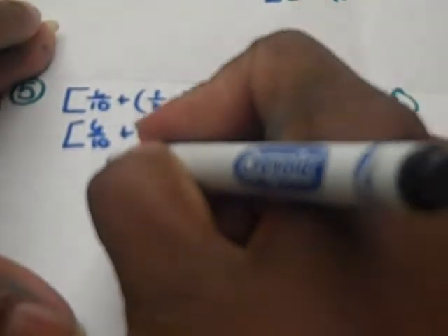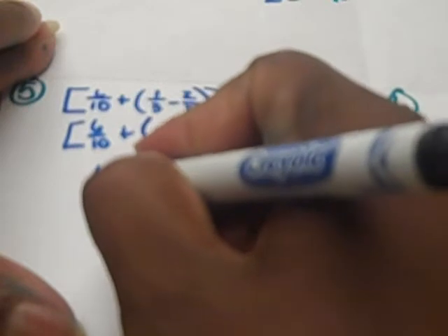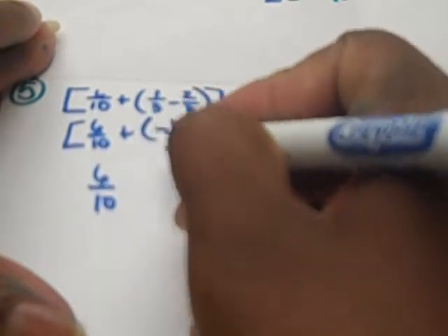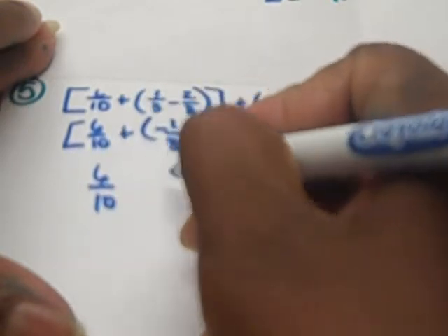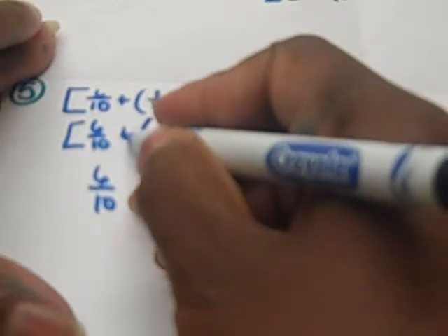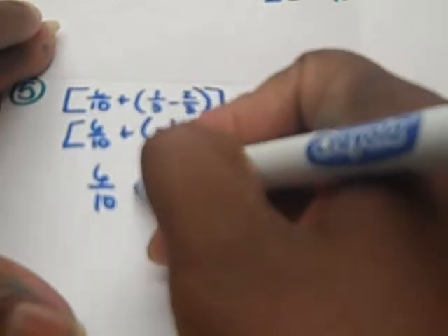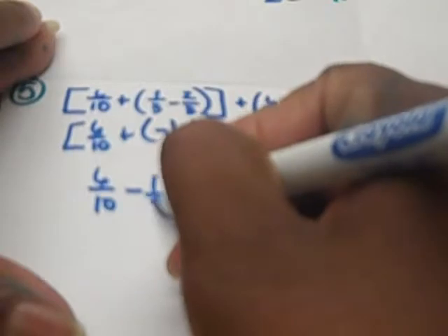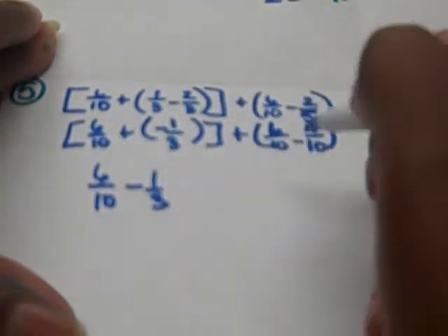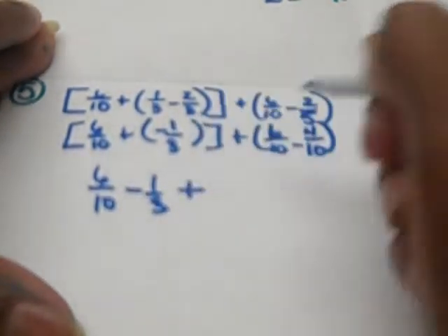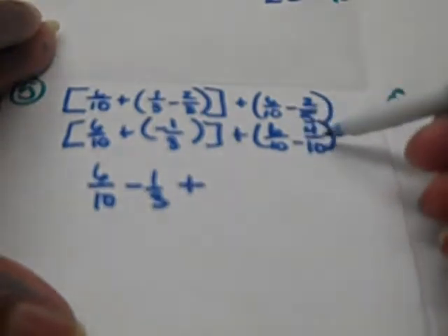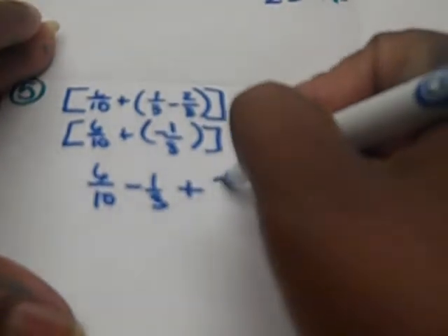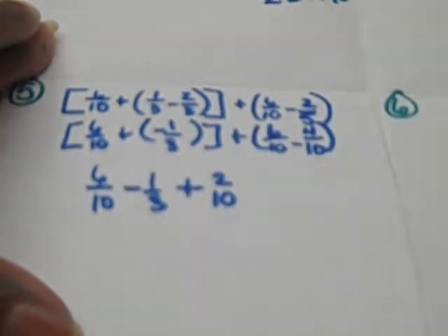So now I have 6/10, and I can remove the parentheses, and positive 1 times negative is also negative 1/3. So I can remove the bracket and continue on. 6/10 minus 4/10 is 2/10, so I can remove the parentheses there.